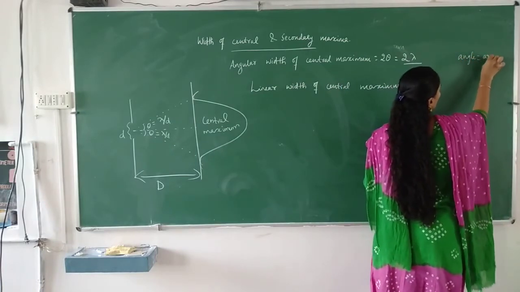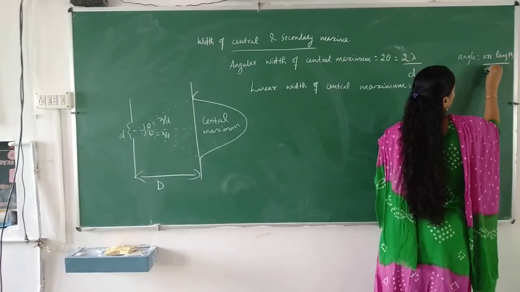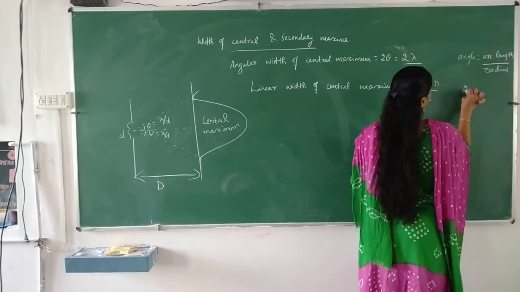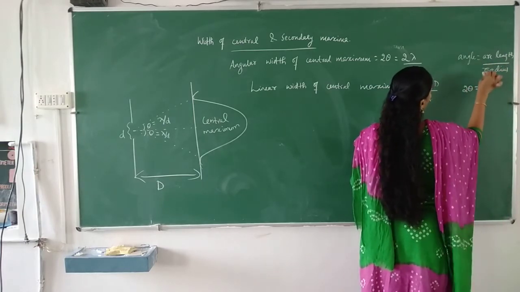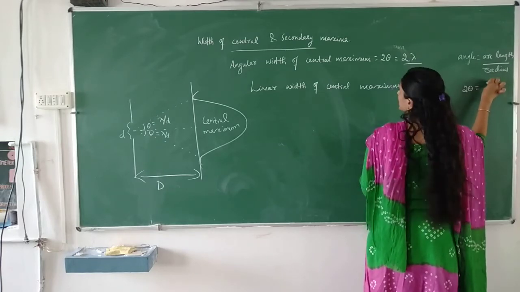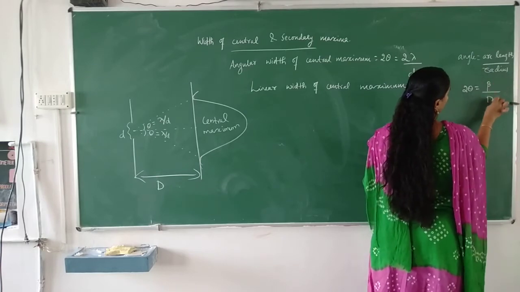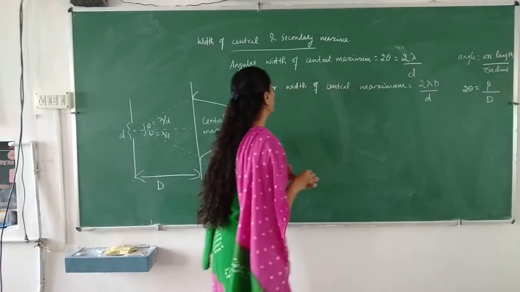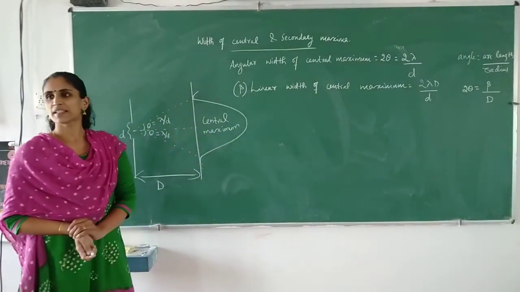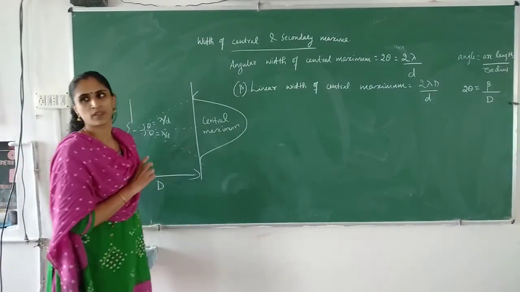Angle is equal to arc length divided by radius. The angle is 2 theta, and the arc length is the linear width, the fringe width beta, divided by the radius D. So the linear width or beta of the central maximum is given by 2 lambda D by d. Okay, linear width. Is it clear?